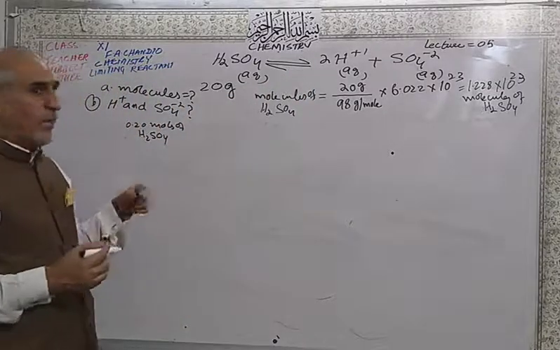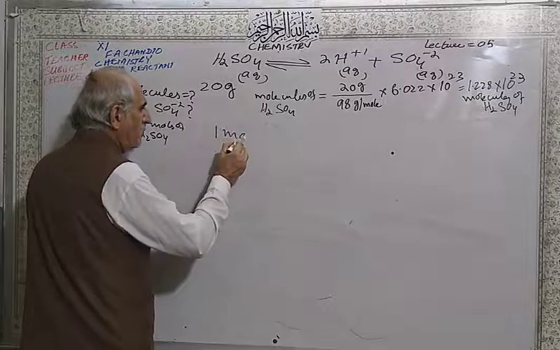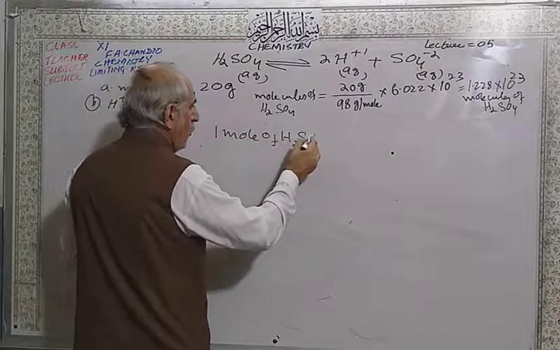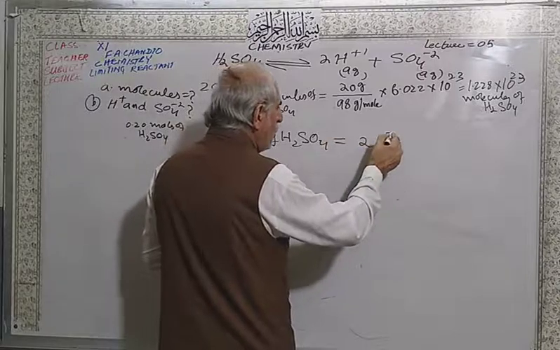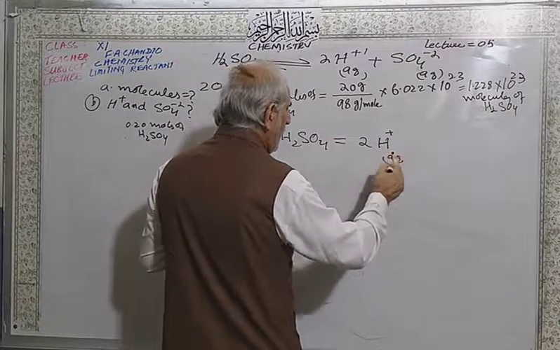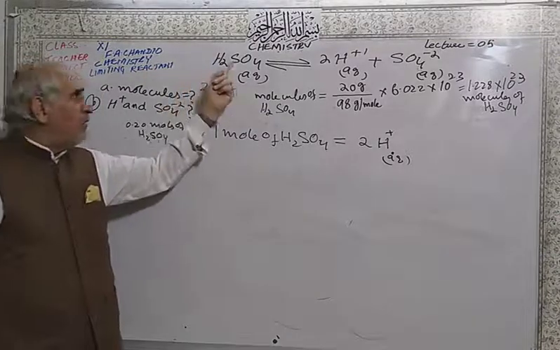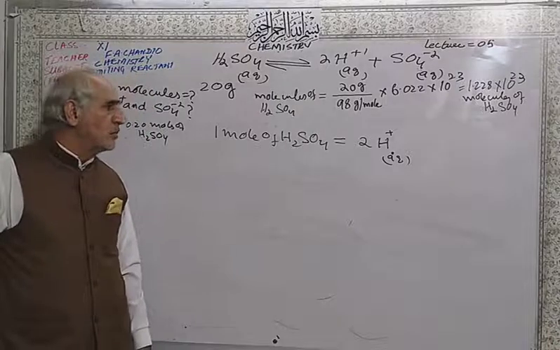According to the stoichiometric equation, 1 mole of sulfuric acid gives 2 moles of hydrogen ions.